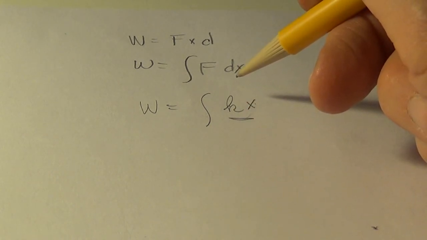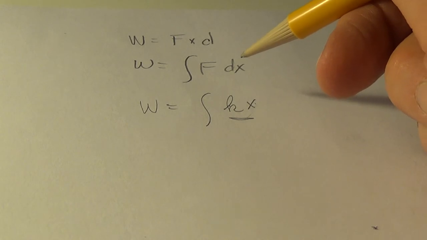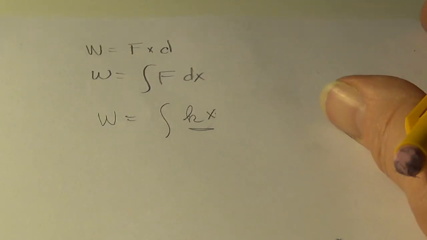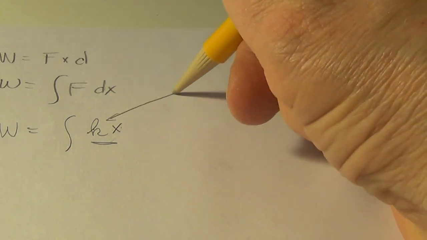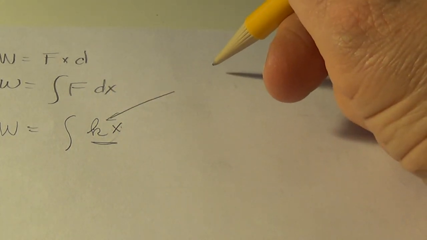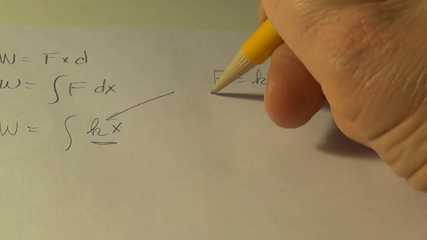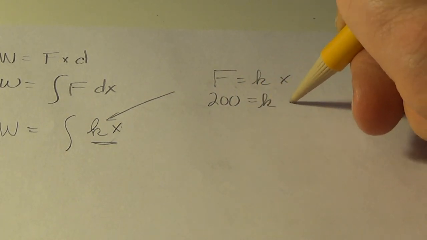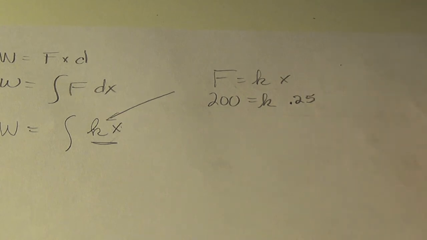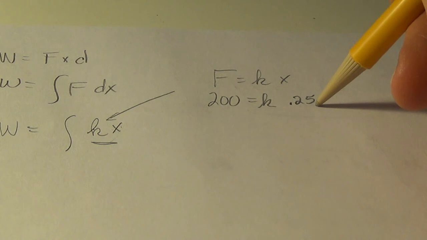So in this problem, you notice that it told you in the beginning that the 200 Newton force stretches a spring 25 centimeters. Well, what's that for? That is enabling us to find our k. So we're going to work over here on k, because we know force equals kx according to Newton, and it said a 200 Newton force will stretch the spring 25 centimeters. Notice I wrote it in terms of meters, because Newtons have to work in meters.